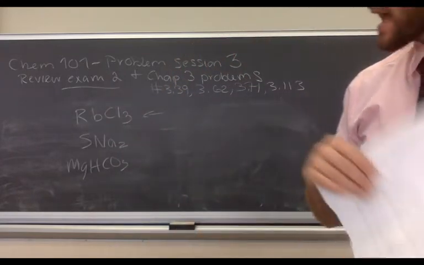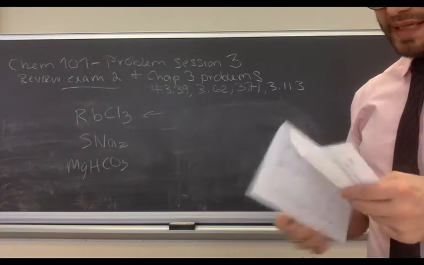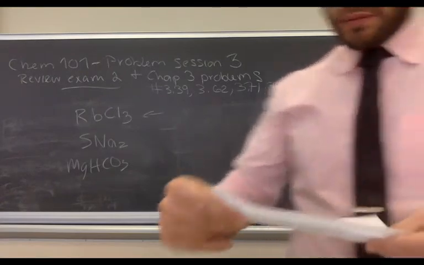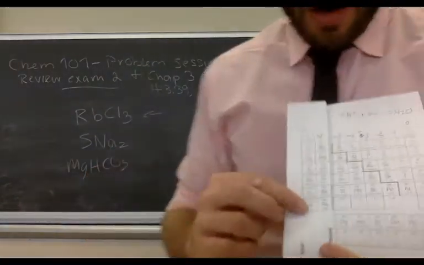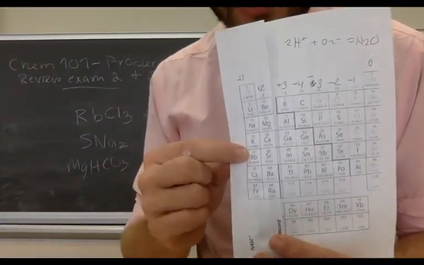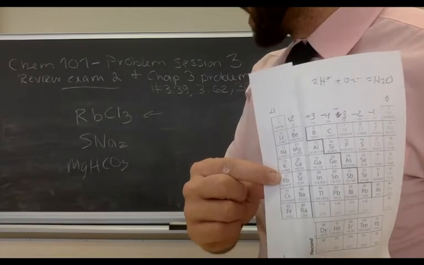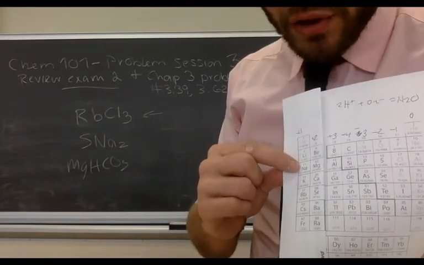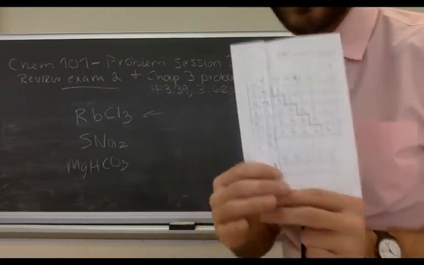So looking back at our periodic table, we can see, for example, if you look for rubidium, which you don't even need to know the name, just know the symbol, Rb, it is down below not only hydrogen and lithium, but also sodium. So that should have a +1 charge.